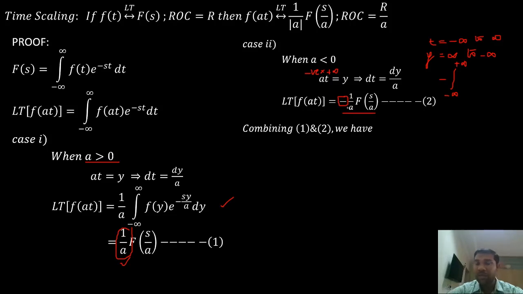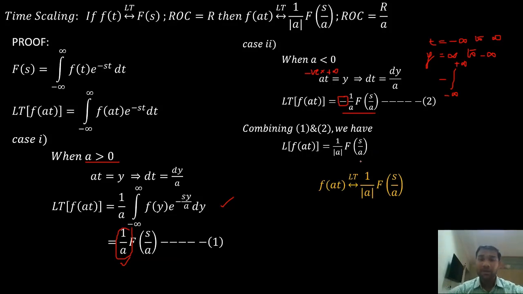In this case I'm multiplying by a negative sign, so it becomes positive. So what does that mean? That is going to be 1 by mod a. Whatever the value of a, this entire multiplicative factor or the coefficient has to be positive. So 1 by mod a into F of s by a. So this is my Laplace transform of f of a t. F of a t has the Laplace transform 1 by mod a F of s by a.